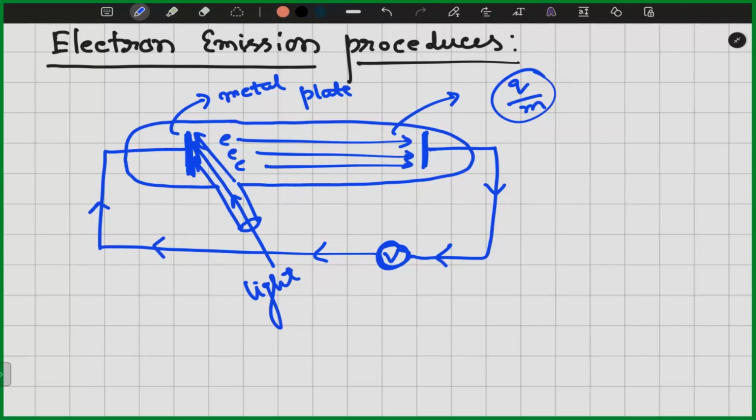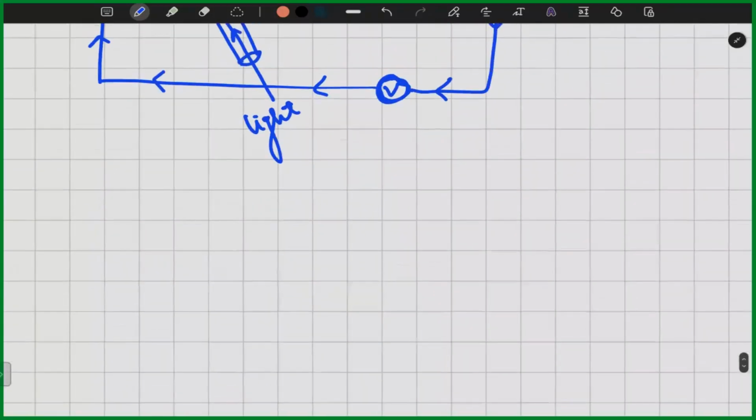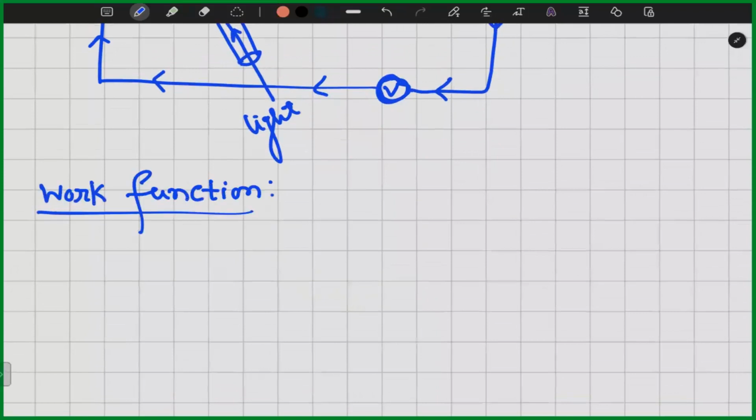Now here one term is important: the work function of metal. Even if we irradiate light, it is not necessary that there will be a flow of electrons. There is some condition. So what is the definition of work function?